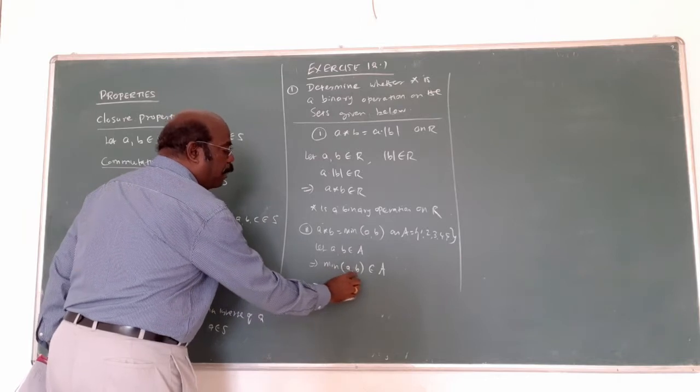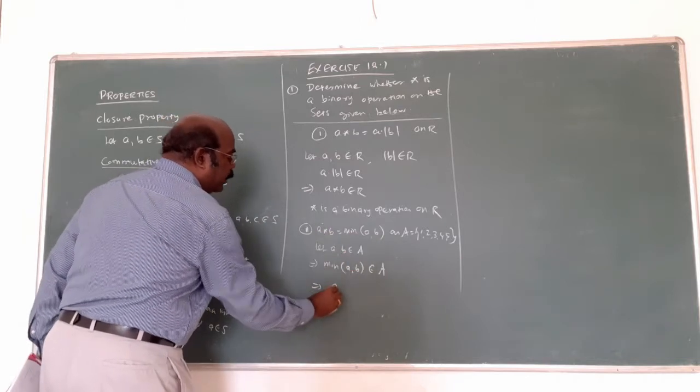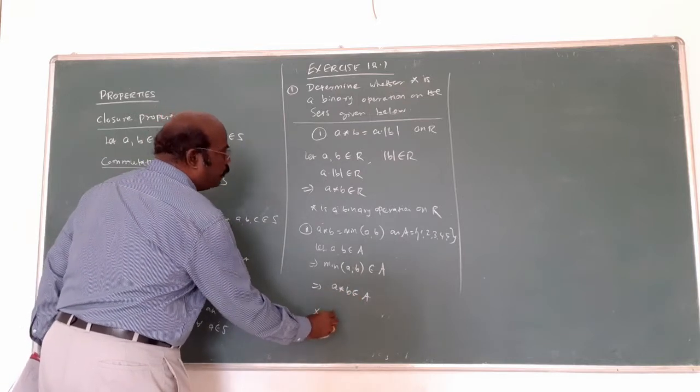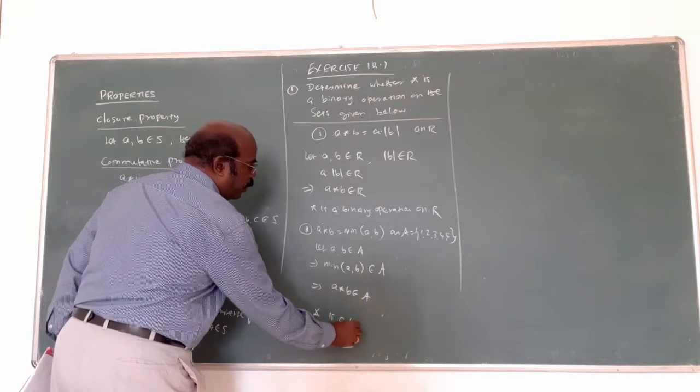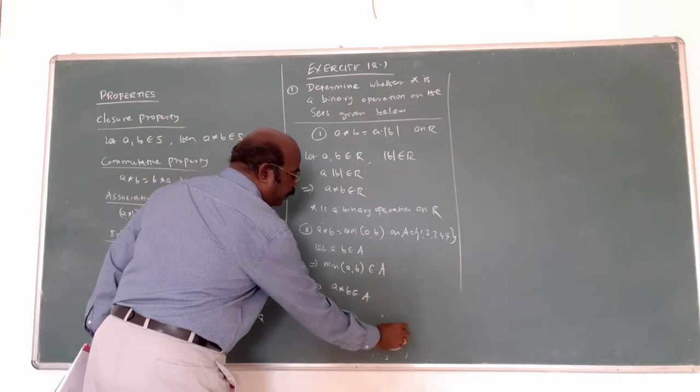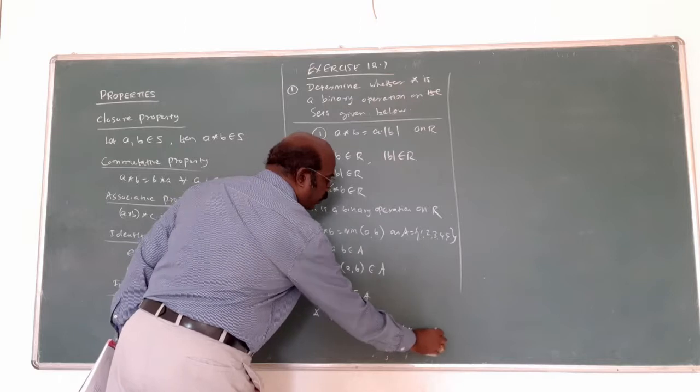The minimum element of A, B is A star B, which belongs to A. Therefore, star is a binary operation on A.